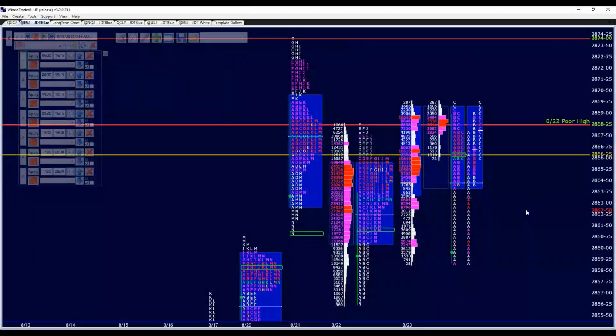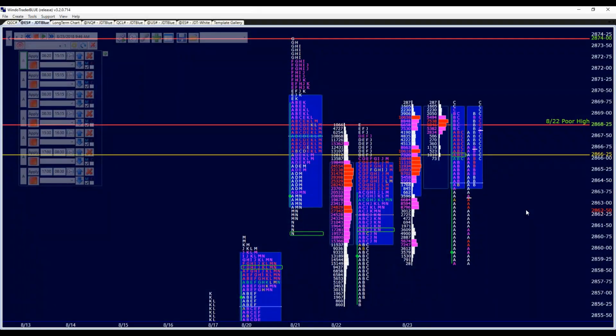One of the things we talk about continuously, and this is a new concept being introduced, is monitoring for continuation. So if you were long this morning, monitoring for continuation, you're watching to see, can the market get up to yesterday's high? Once we get up to yesterday's high, you remember we back off a little bit and you're monitoring to see, can we come back and take out that high?